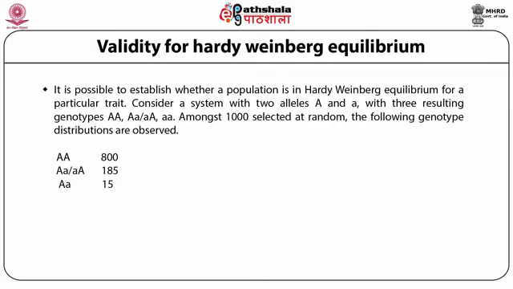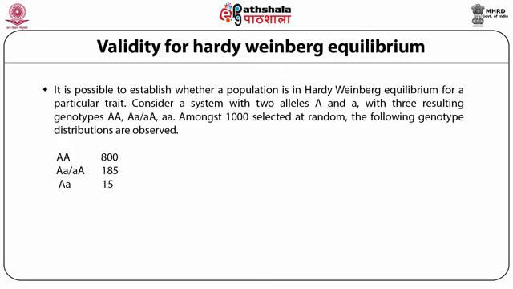That means if we screen 1,000 randomly selected individuals, we have found 800 individuals with the capital A capital A genotype, 185 individuals with the capital A small a genotype, and 15 individuals with the small a small a genotype.